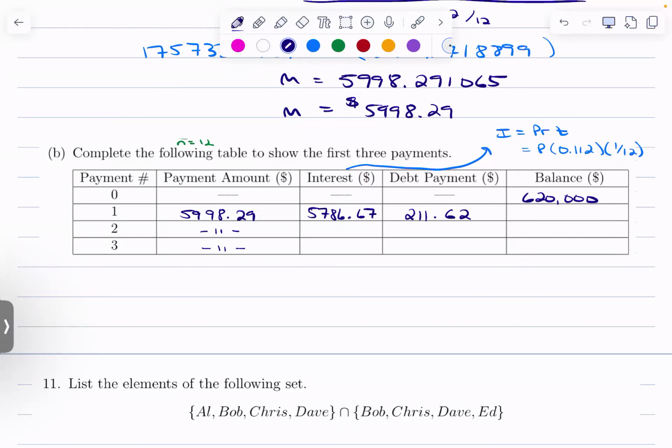But what does that mean? It means that the balance here is going to be 620,000 minus $211.62. Now I have 619,788.38. I always want to see just two decimal places for money.